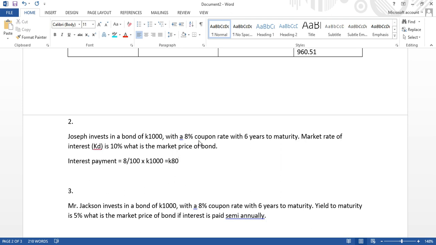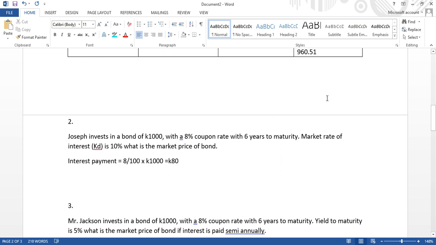What this means is once we purchase this bond on the securities exchange, it matures in 6 years. So from the first year to the final year, we'll be receiving interest payments of 80 kwacha. Then in year six, the final year, when the debt matures, we'll be paid the face value, this 1,000.